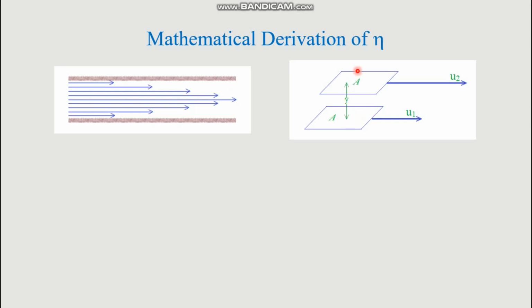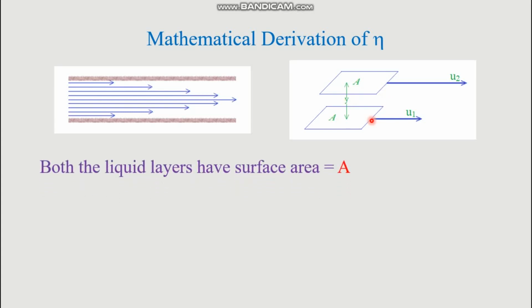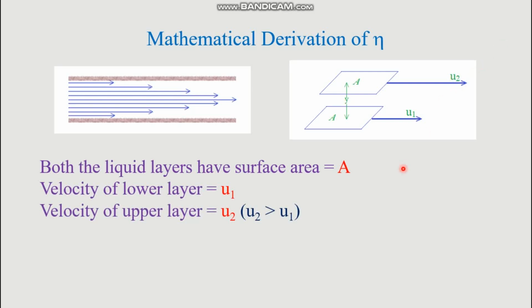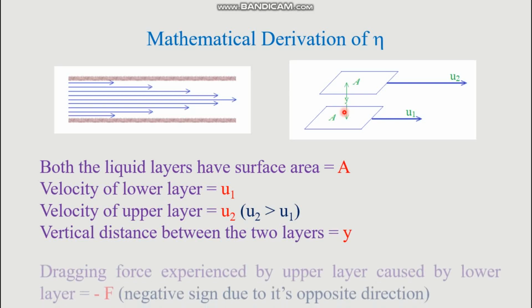So these are two layers. This is the lower layer with surface area A, and this is the upper layer with the same surface area A, so both layers have the same surface area. This is the lower layer with velocity u1, and this is the upper layer with velocity u2, so that u2 is greater than u1, and their vertical distance is y.